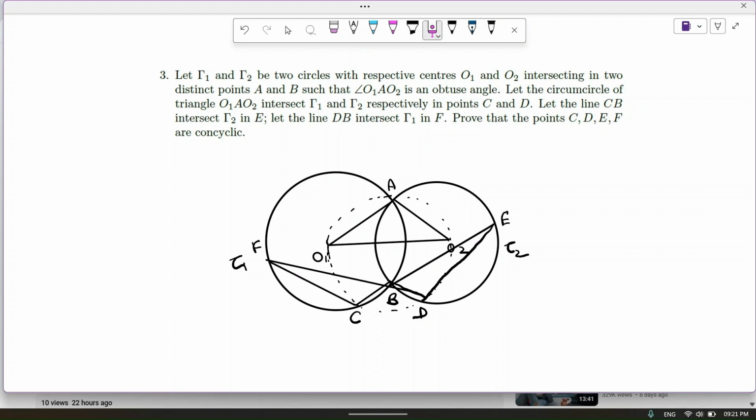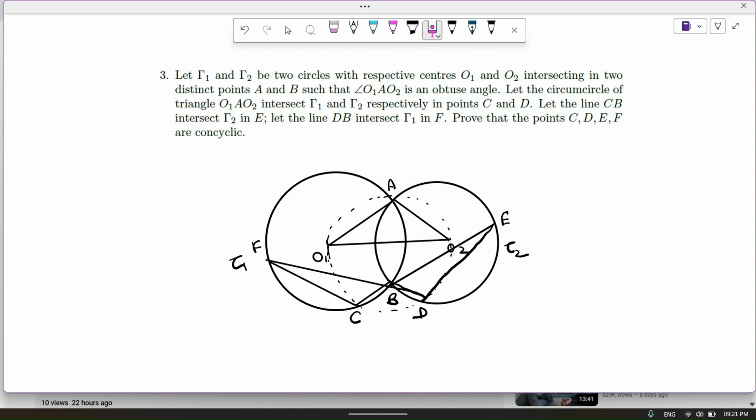I spent some time, but I failed to prove it, because this chord is nowhere connected to this chord, and this triangle is in no way connected to any of these 4 points. I wasn't able to make a connection between points O1 and O2 with any of these 4 points. So I got some intuition.